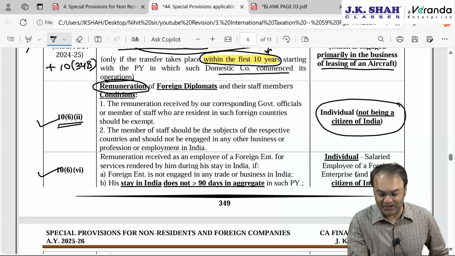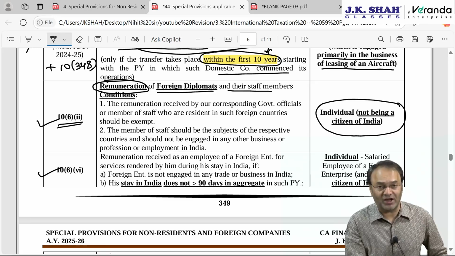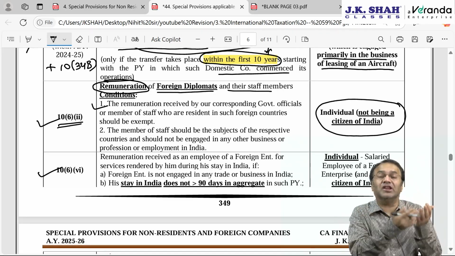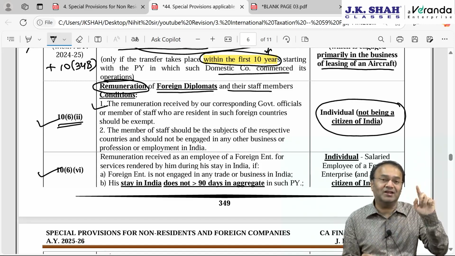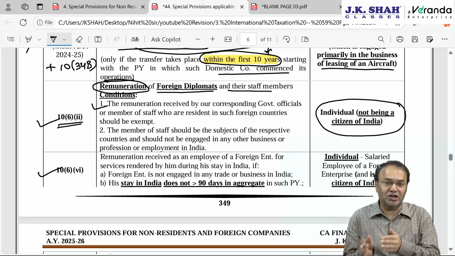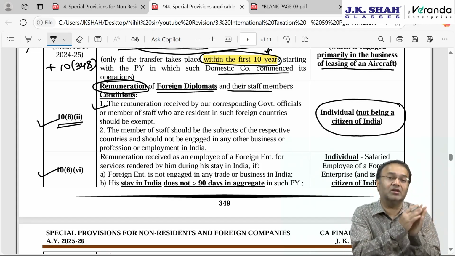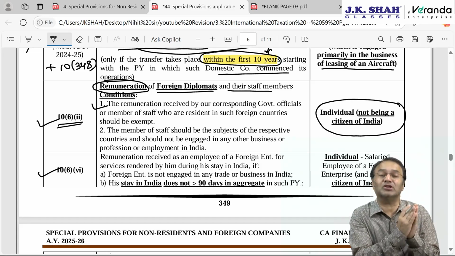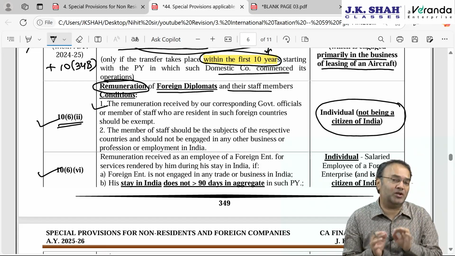Remuneration, that is the salary of foreign diplomats and their staff members, is exempt provided the most important condition is met: our people working in their country. Indian diplomats working in the USA, their salary in USA ideally accrues in USA and should be exempt in that country. Meaning thereby, the give and take principle.